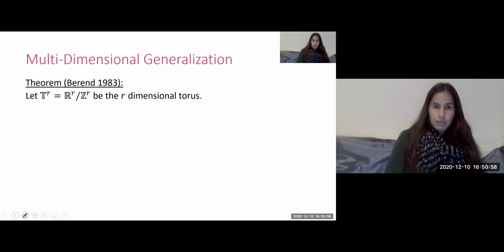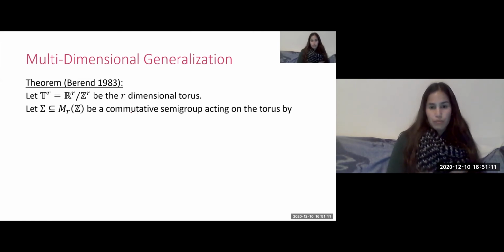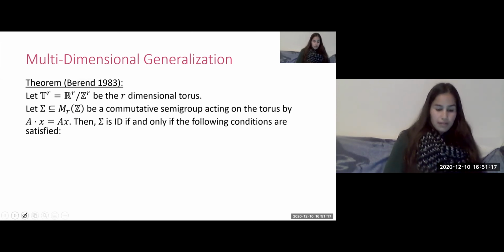So instead of talking about numbers in Z, we look at matrices over Z of the same dimension. And we want them to be a commutative semigroup, because numbers commute, so it would be logical that here this would also commute. And the action would be the natural one. That is, A times x is going to just be this action of a matrix multiplying a vector.